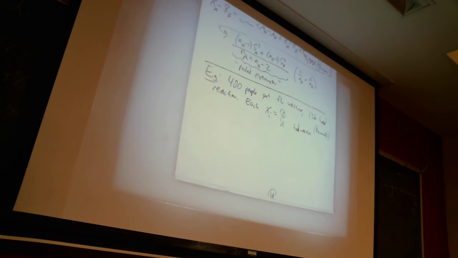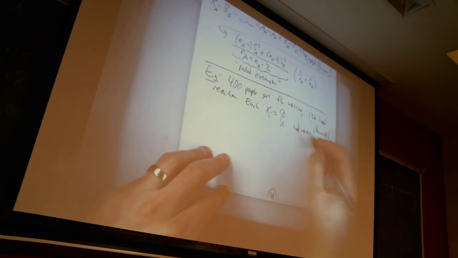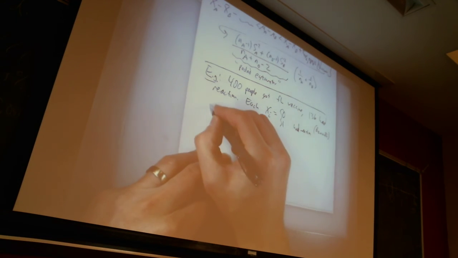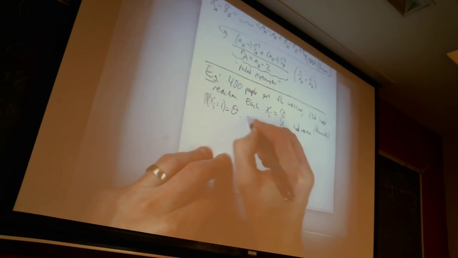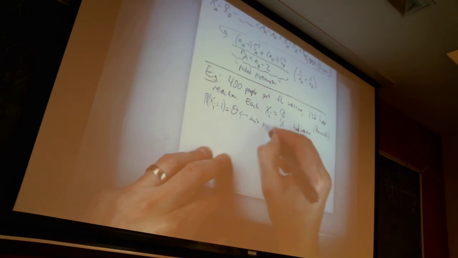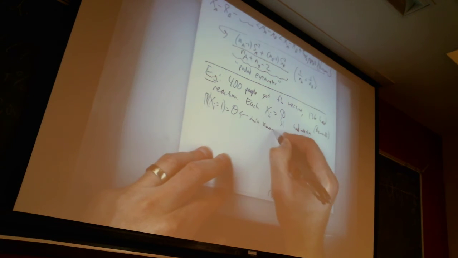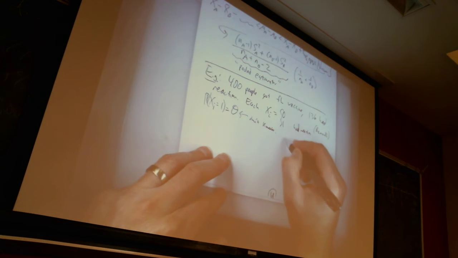It's a coin flip, but of course it's a weighted coin flip. The probability that xi is equal to 1 is some parameter theta that we don't know. What's an estimator for theta?